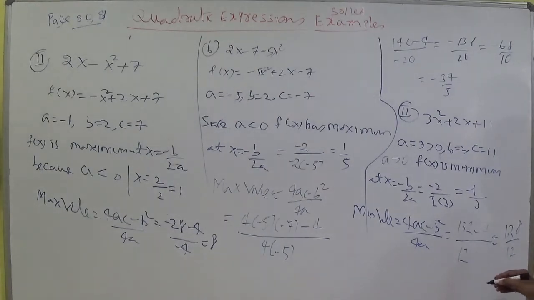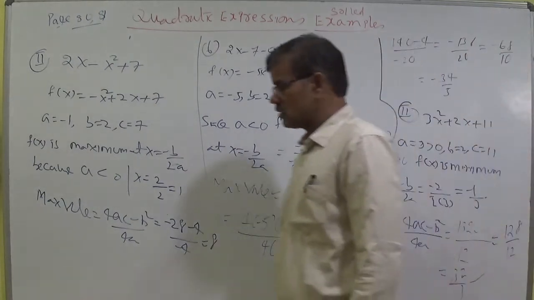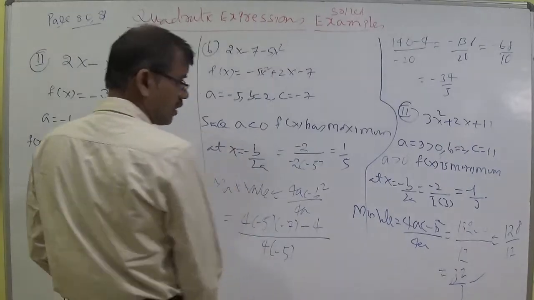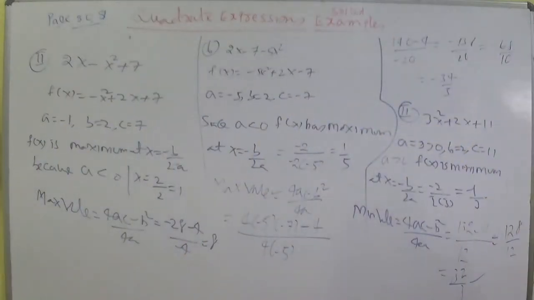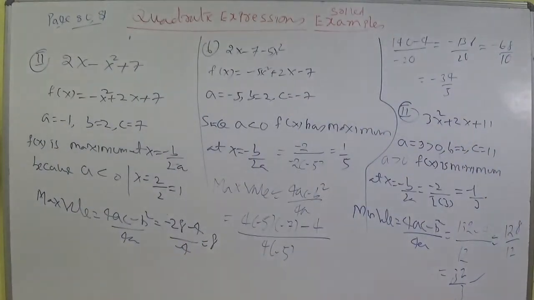Dividing by 4, we get 32 by 3. So 32 by 3 is the minimum value of the given function.